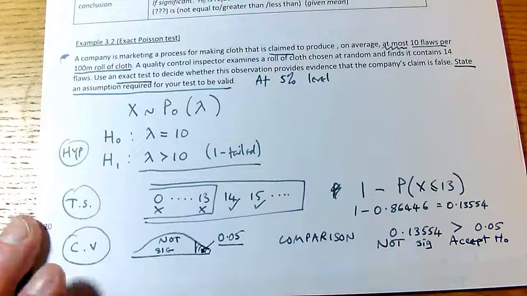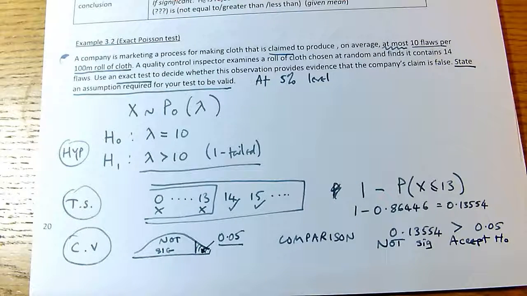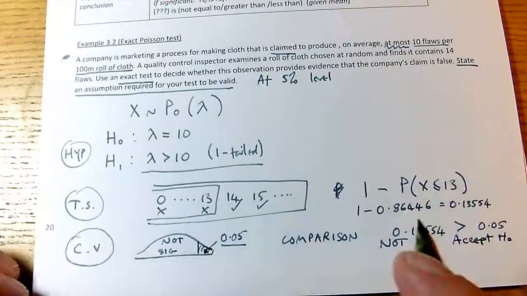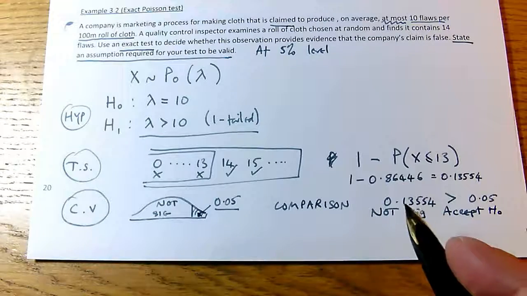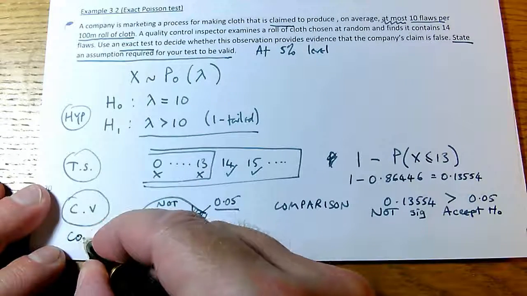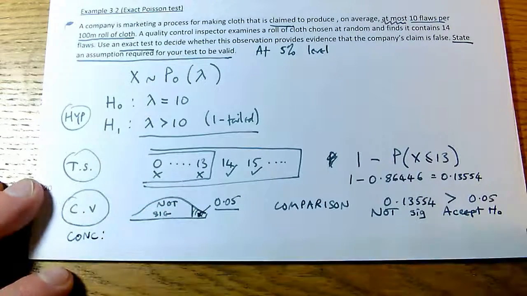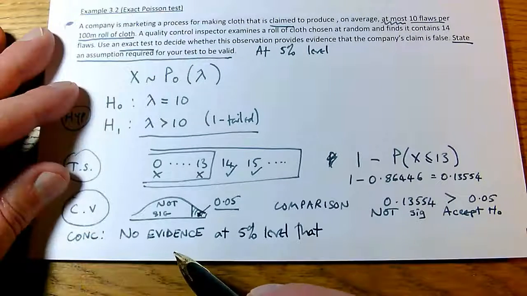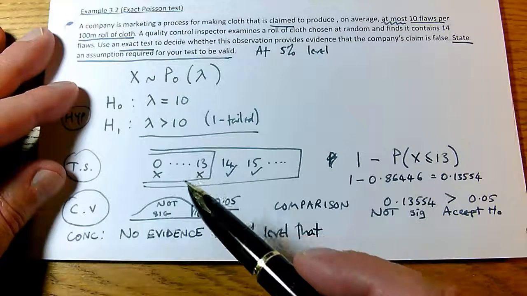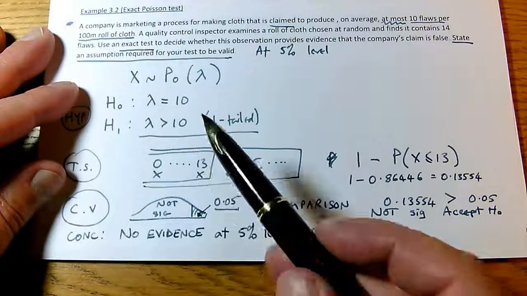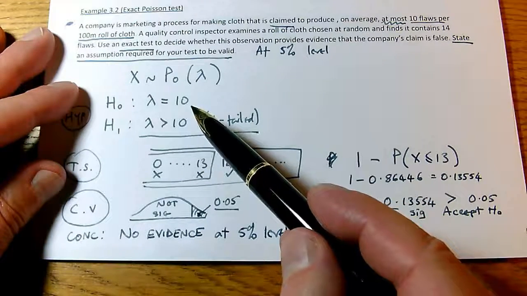But of course the true interpretation is when we say that in context. So we're accepting H0, and when we accept H0 and it's not significant, for our conclusion we always start by saying that there is no evidence at the 5% level that what? Well, we've got to reach a conclusion about the claim. The claim was that there are 10 flaws, or maybe less.